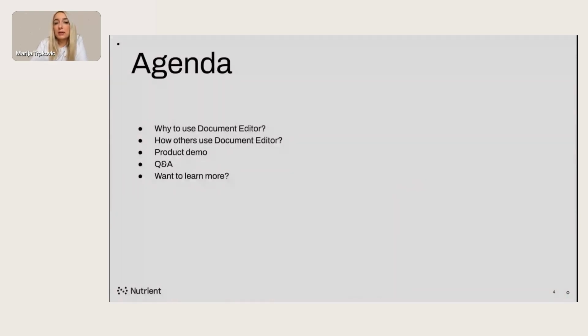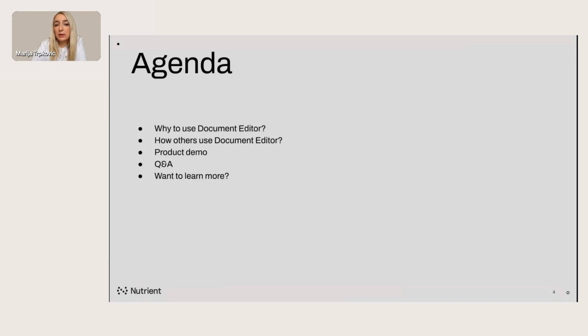Okay, let's take a look at our agenda. First, I'll start with a brief overview of why Document Editor is a game changer for improving productivity and collaboration. I'll also briefly share how others are using our product. And then Cleven will take over with a product demo to give you a first-hand look at its features and capabilities.